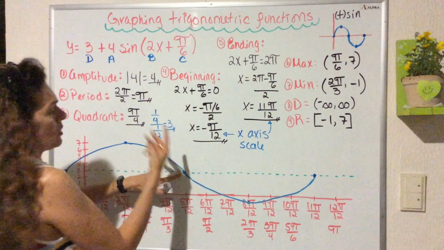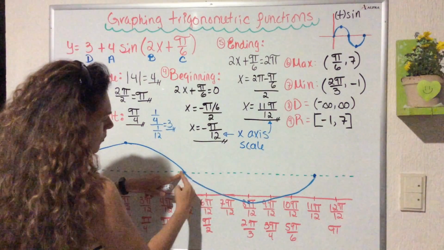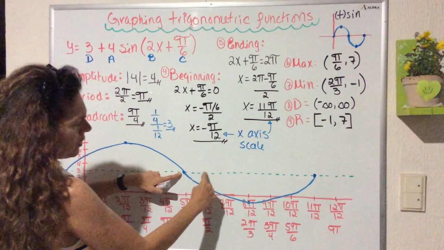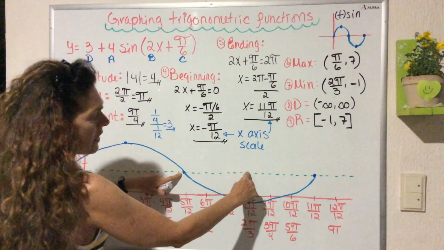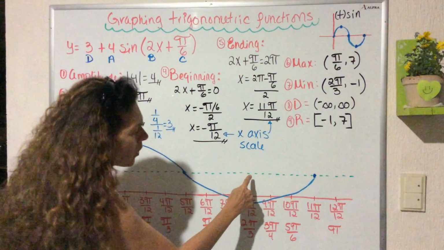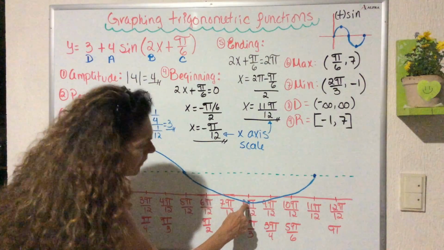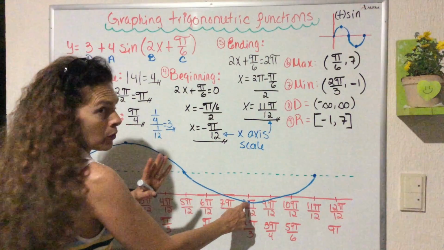Again, I'm going to count 3 twelfths, 1, 2, 3, but here at the same level. Then you check the form. Okay, so I have to go down 4 units. 1, 2, 3, 4. So here we have the fourth important point.